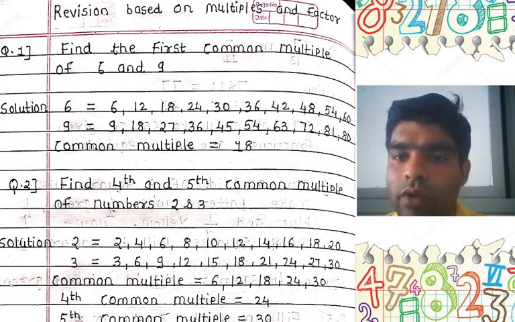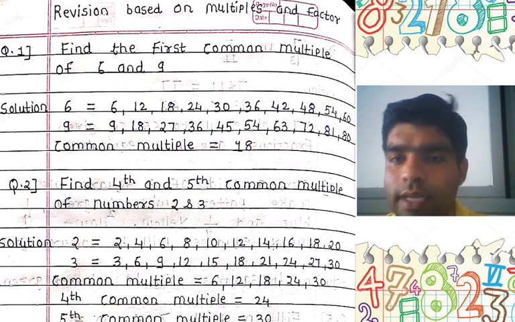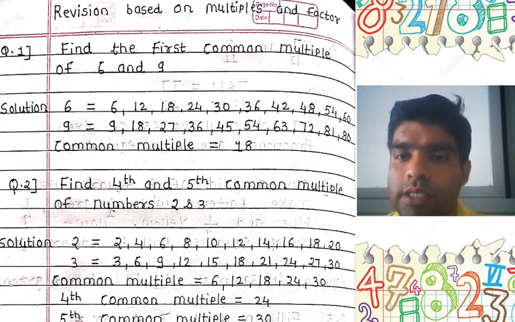Then we have to find out the common multiples of 2 and 3. Now see, 6, 12, 18, 24 and 30 are the common multiples of 2 and 3. Why? Because 2 times 3 is 6 and 3 times 2 is 6. Next is 12: 2 times 6 is 12, and 3 times 4 is 12.